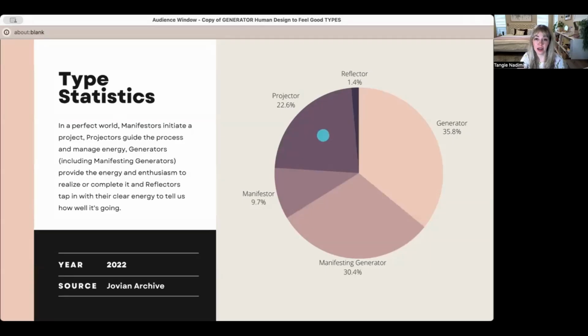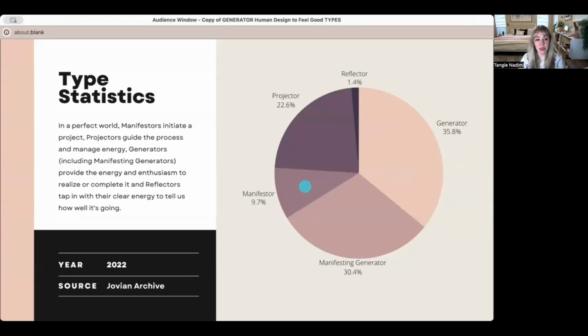If you have an undefined sacral and a motor to throat connection, that makes you a manifestor. So a manifestor can have a defined ego, solar plexus, or root with a connection into that throat center. Lastly, we have the reflector type, the most rare, and that is because they have no defined centers in their chart.